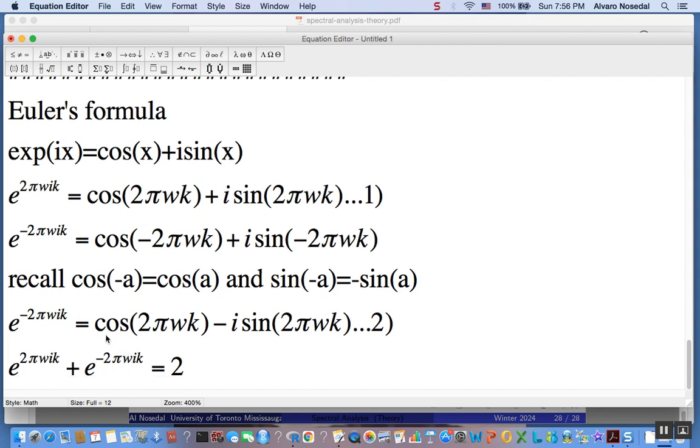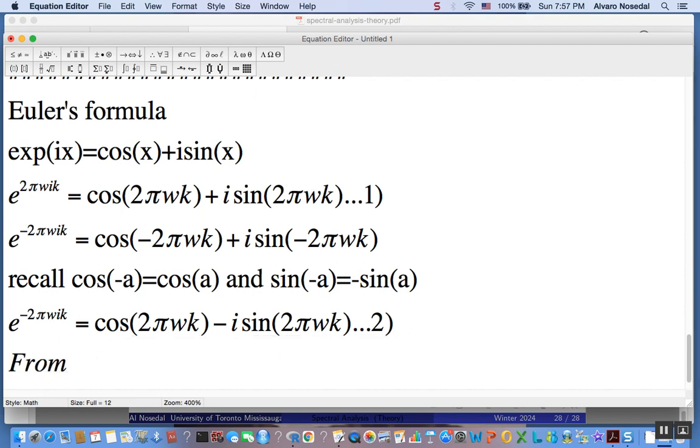So that's 2 times that cosine, right? And then you have i sine of 2 pi w k minus i sine of 2 pi w k. So these two terms cancel out, okay?